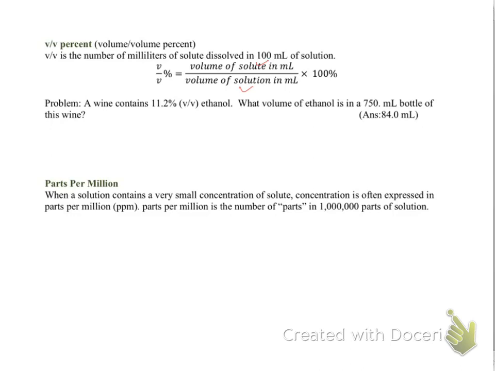What does this basically mean, 11.2% volume by volume? That means I'm taking 11.2 milliliters of the solute, and using that I am making 100 milliliter of the solution by adding water.